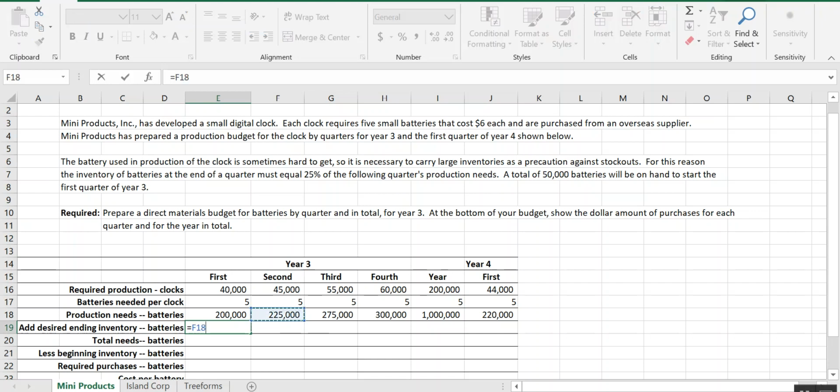This means taking 225,000 times 0.25, and that gives us 56,250 as a desired ending inventory of batteries for the first quarter. We add those two together.